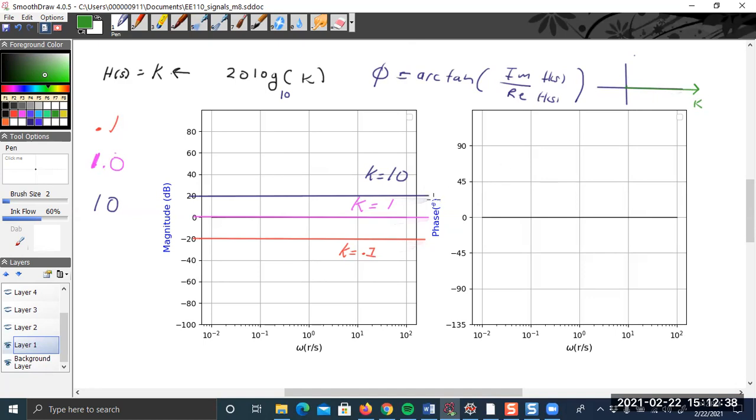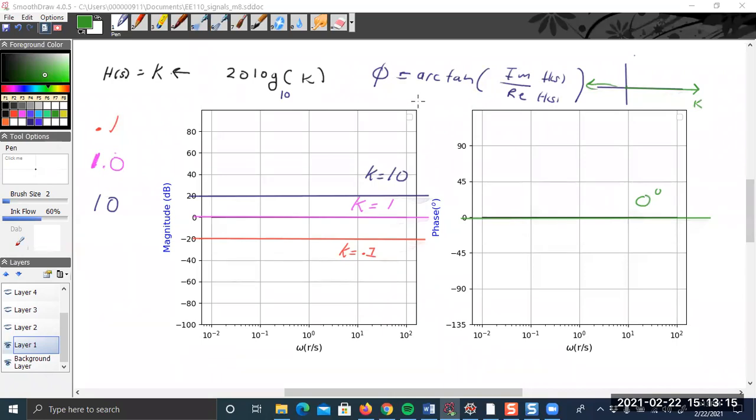So the phase is 0 for everything. Now, if it was minus K, you'd still get this, but minus K would then be pointing in the opposite direction, and that would be 180 or minus 180. All right, but more on that later.